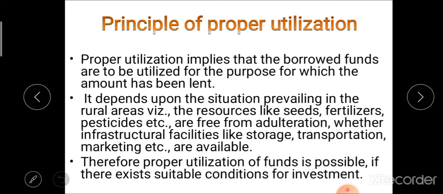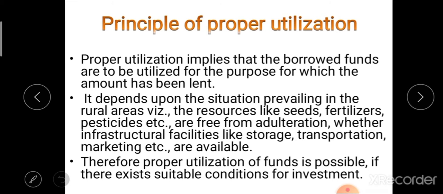After that, fifth principle, that is principle of proper utilization. Proper utilization implies that the borrowed funds are to be utilized for the purpose for which the amount has been lent. That means for which purpose the loan has been borrowed, for that and that only the loan must be used.